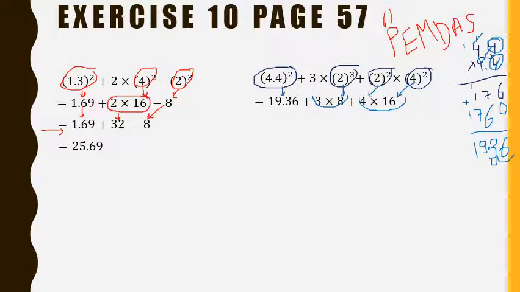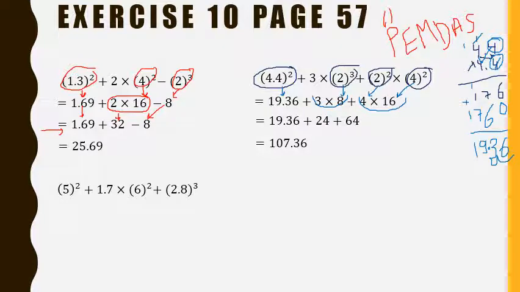On the line, I write the first number as it is, plus the answer of multiplying 3 by 8. 3 times 8 is 24. 4 times 16 is 64. And now I have to add all the numbers together, so the final answer is 107.36.